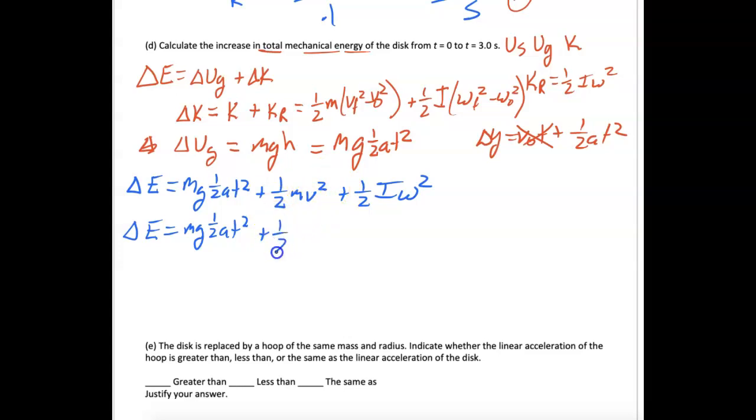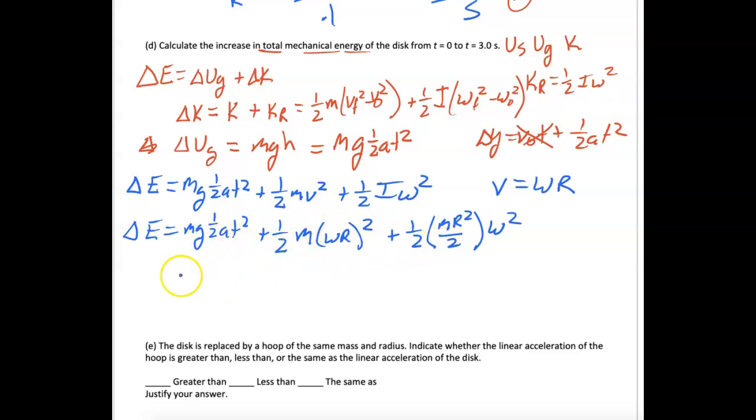So this is going to be 1/2 of mass, and then remember, V is equal to omega times R. So we're going to take omega times R and square it, plus 1/2 of the moment of inertia for this disk, mr squared over 2, and then that's times omega squared. So we know omega, we know the linear acceleration, but in the end these all give us joules, so it's okay to have both types of motion in there.